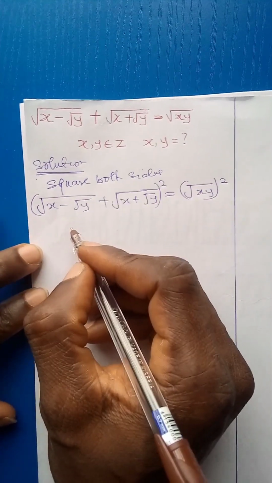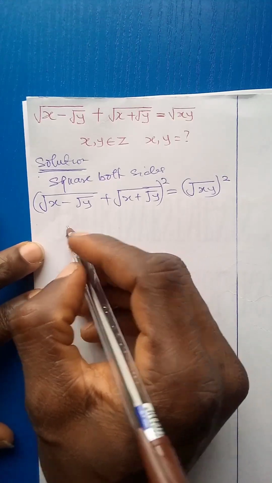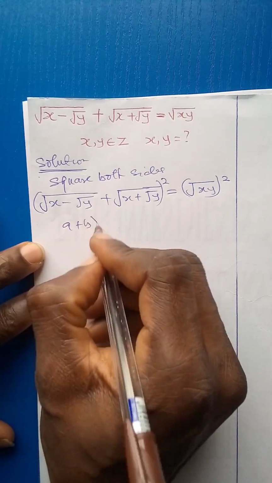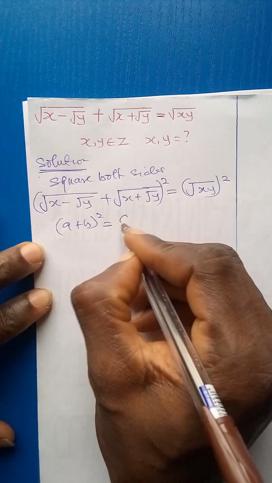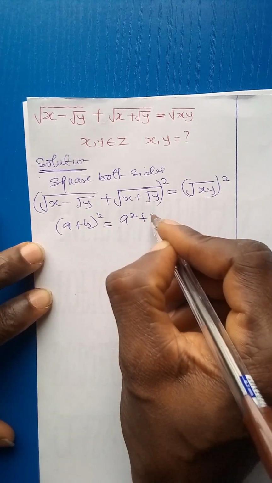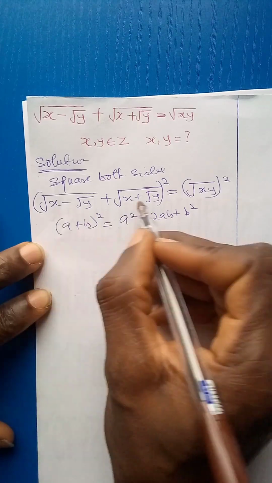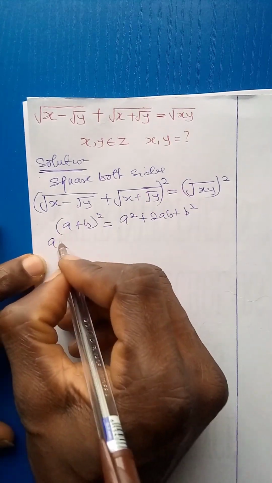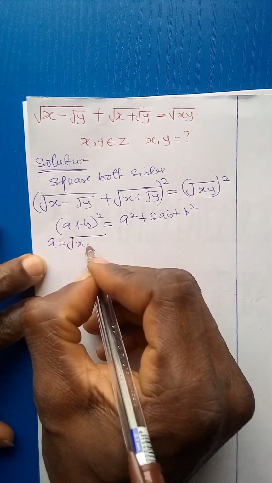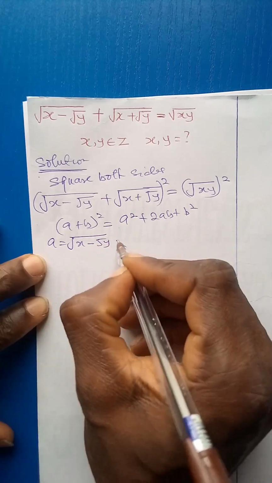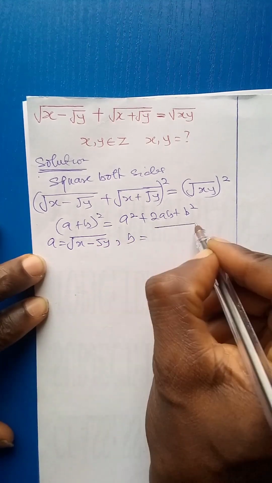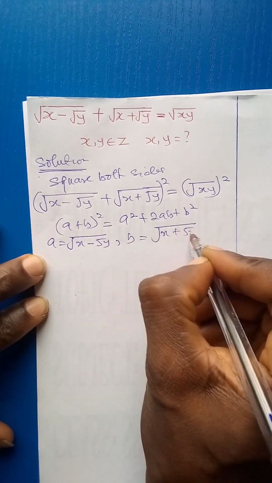Now I'm going to apply this binomial expansion, that is a plus b all raised to the power 2 is equal to a squared plus 2ab plus b squared. This expansion will be applied here. So we are assuming that a is equal to the square root of x minus square root of y, and b is the square root of x plus square root of y.